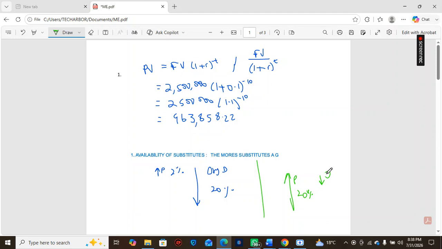We cannot substitute salt, so quantity demanded might drop just by 2%, because there are fewer substitutes around. So the more substitutes a good has, its demand is elastic. The fewer substitutes, demand is inelastic. Colleagues, please remember that point.